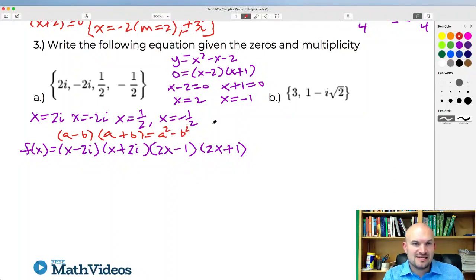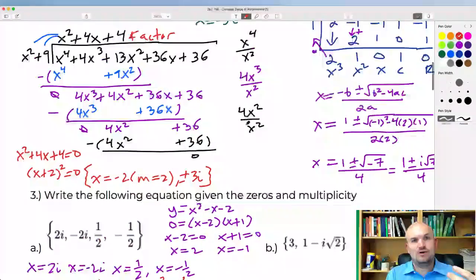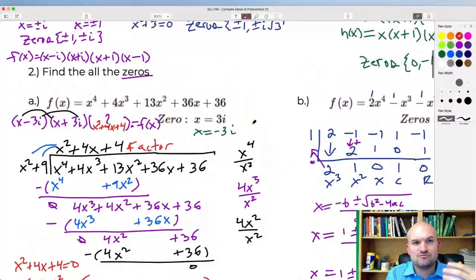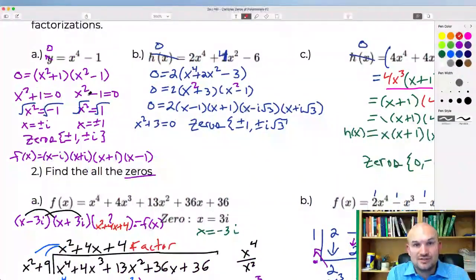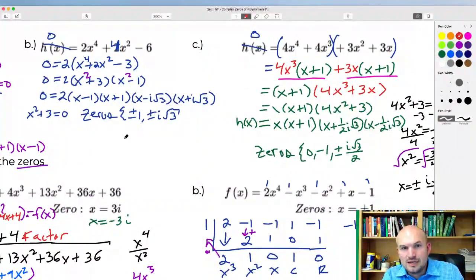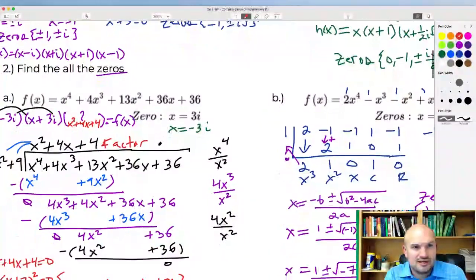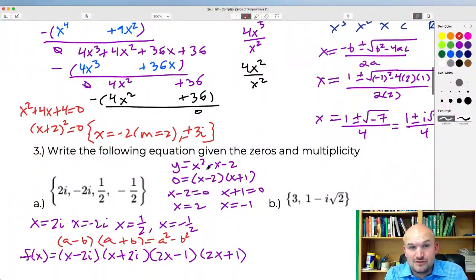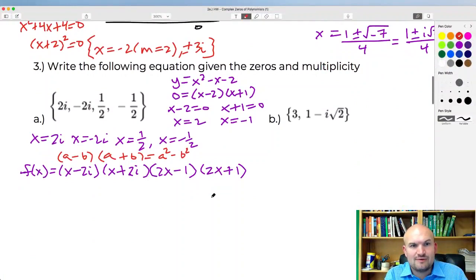So that was kind of the point that I wanted to get across with these first problems: recognizing that you can factor this down using the difference of 2 squares. It doesn't matter if it's rational numbers, doesn't matter if it's imaginary numbers, or I guess I just didn't do any irrational numbers as well. But look for that relationship of the difference of 2 squares.